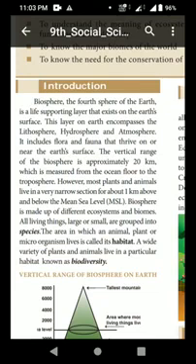This layer encompasses the lithosphere, hydrosphere and atmosphere. And also in this biosphere it includes flora and fauna, plants and animals.